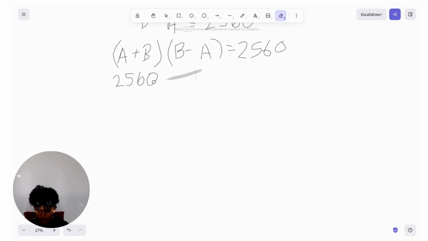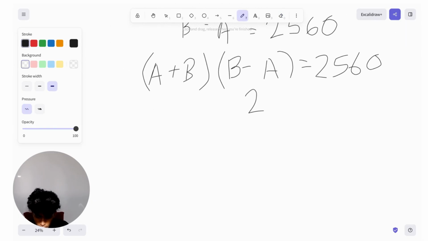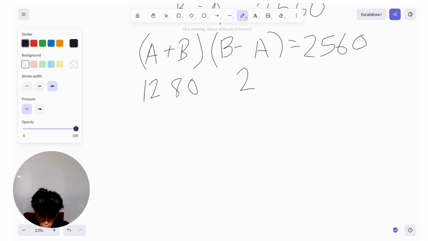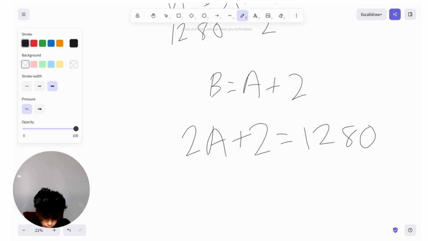That next biggest value is 2. So 2 and 1280. Well, let's see if this works. We get that b is equal to a plus 2. So let's plug that in as we did for the last one. 2a plus 2 is equal to 1280.